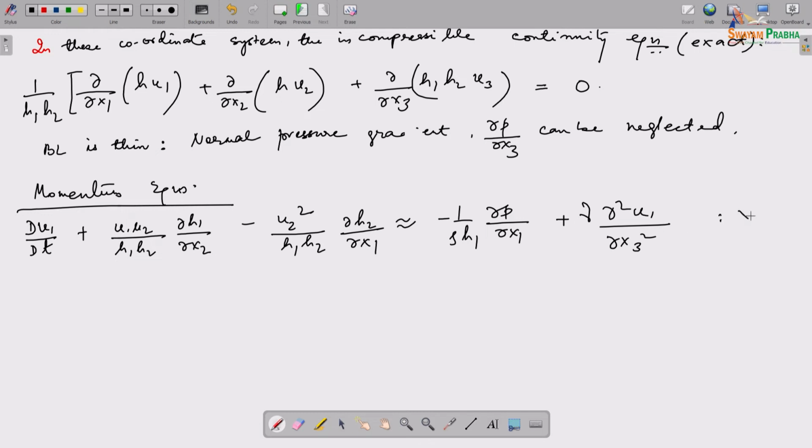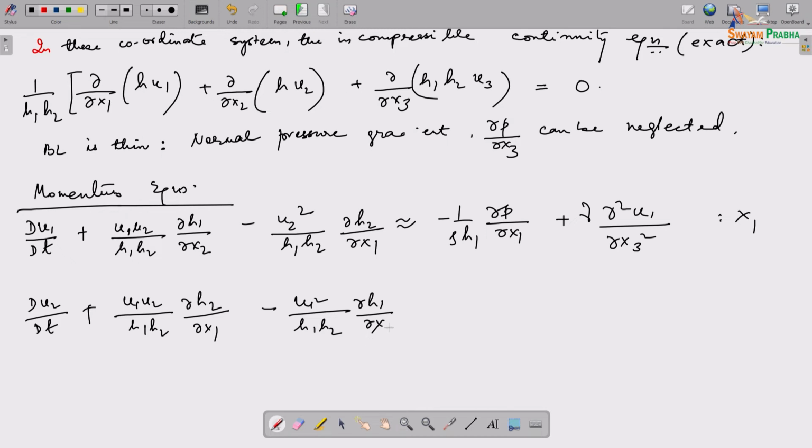Okay. So, this is the momentum equation in the x1 direction. Similarly in the x2 direction, u1 u2, minus, okay.